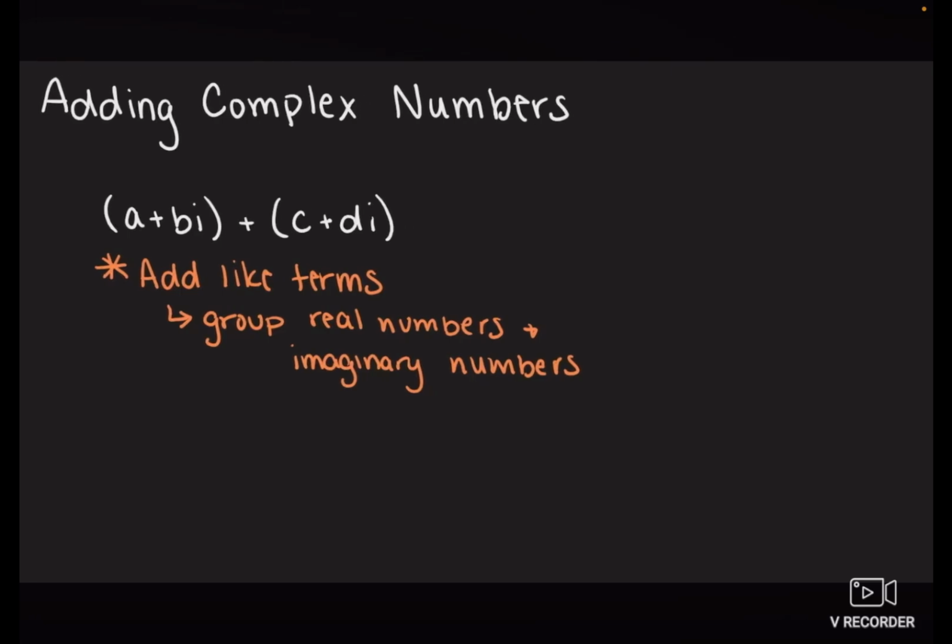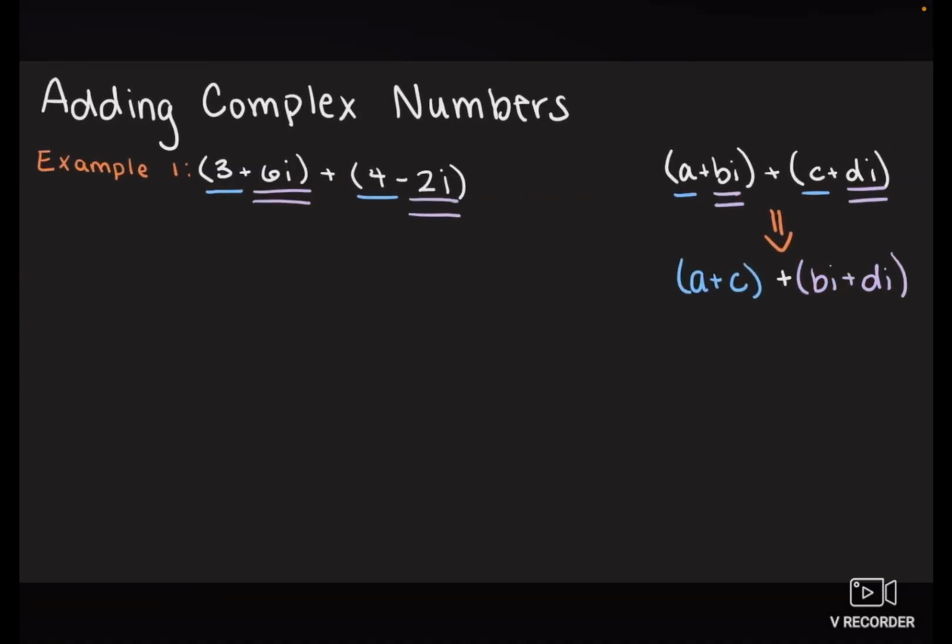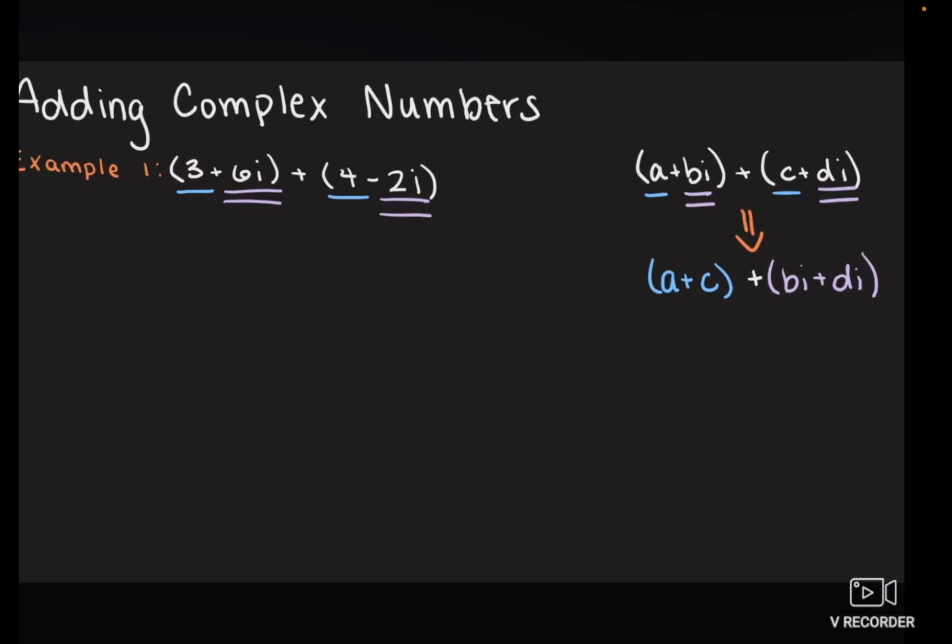Now, adding complex numbers. (a plus bi) plus (c plus di). We have to add the like terms together. Group the real numbers and imaginary numbers together. In our example, 3 and 4 are real numbers, 6i and minus 2i are imaginary numbers.